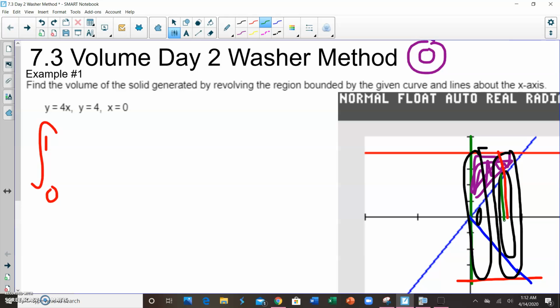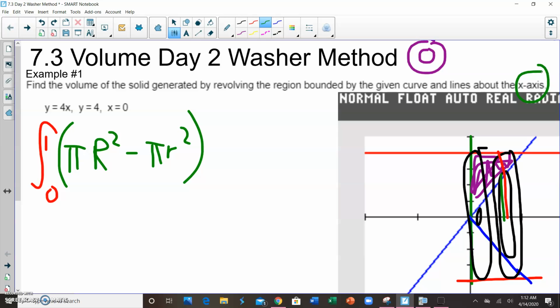So our general formula for every single washer problem is pi r squared, that's your outer radius, minus pi r squared, that's your inner radius. And because we're doing online learning, we're only going to revolve around the x-axis, not the y-axis. You'll do that in Calc 2. Then this is going to be a dx.